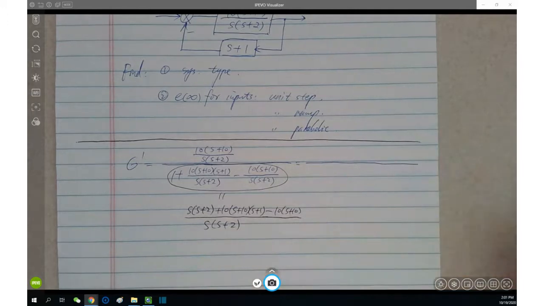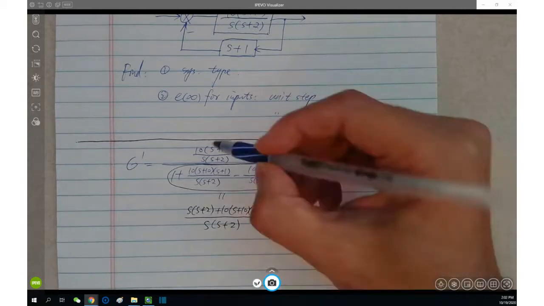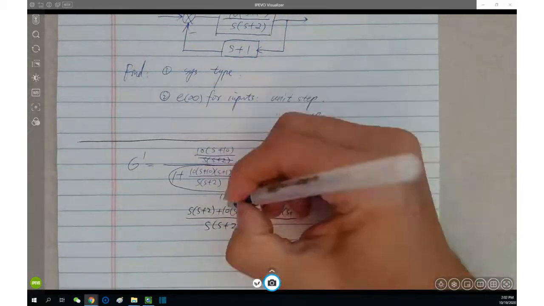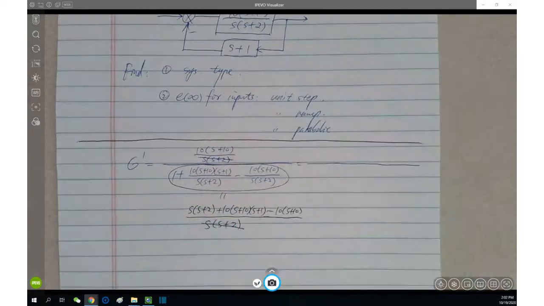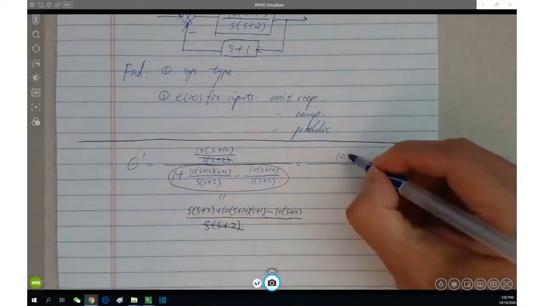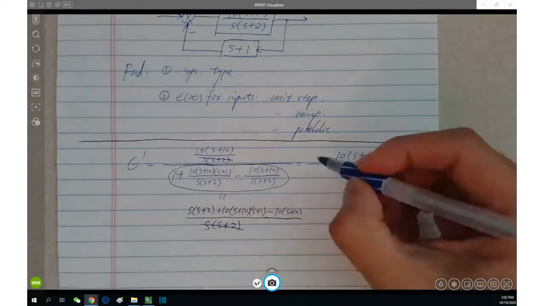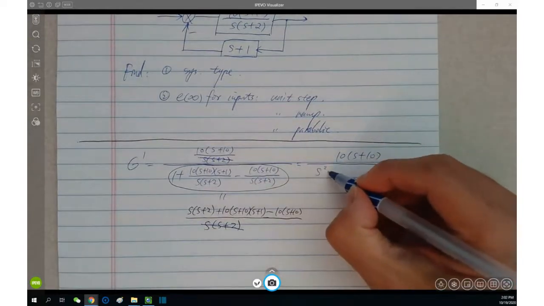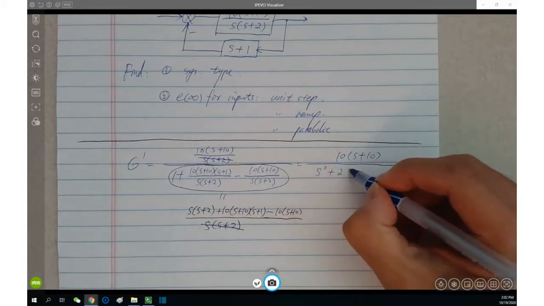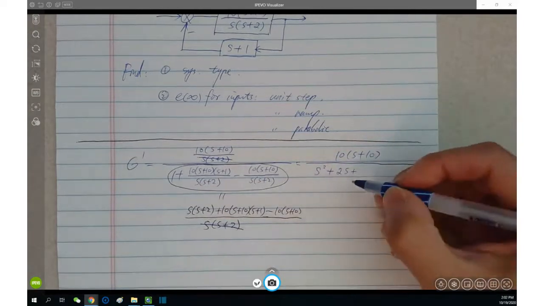Right. This is the denominator. And from here, you can easily tell that here and here are canceled. So numerator is this left. Denominator, if you expand the polynomial, then you end up with this.